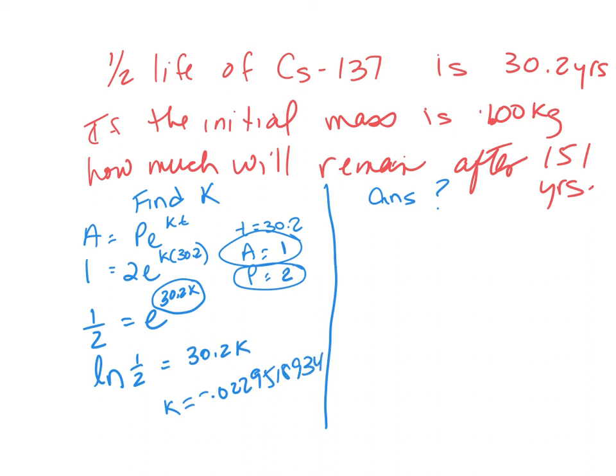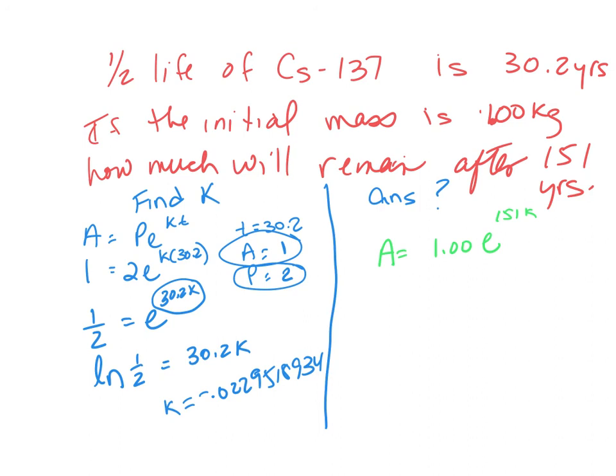So now they want us to find out how much is left after 151 years. So I have the beginning, we don't know the ending balance, but we know we start off with 1 kilogram times e to the 151 and then that k number, right? So what you're going to do in your calculator is put that in, but when it gets to the k in the exponent, you're going to hit second answer, so you don't have to rekey that number.